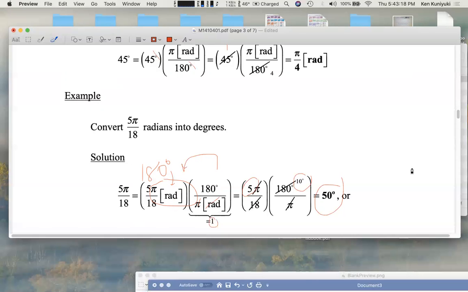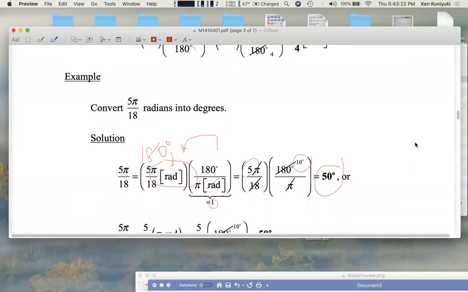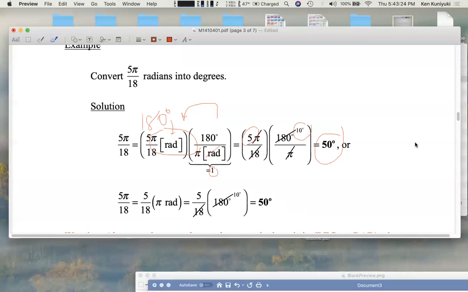Remember, pi radians is 180 degrees. That's basically what I'm doing here. I'm breaking out the pi. This might be a better visual for you. 18 goes into 180 degrees 10 degrees times. 5 times 10 degrees is 50 degrees.